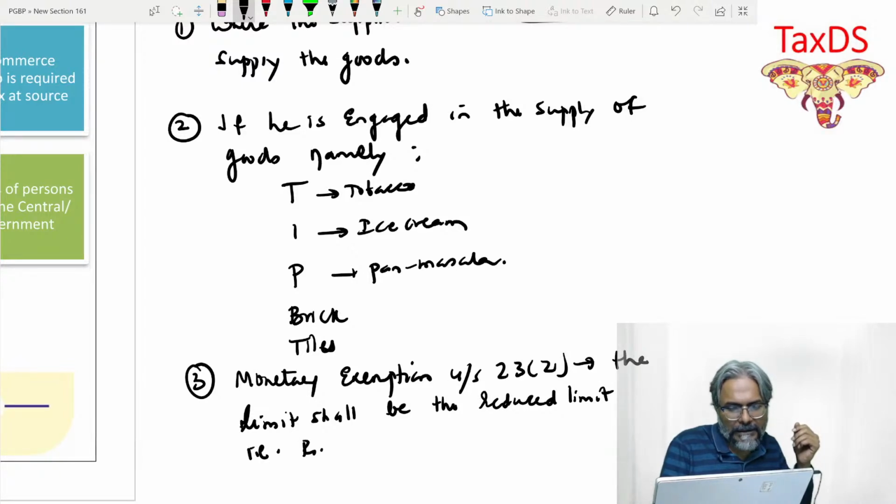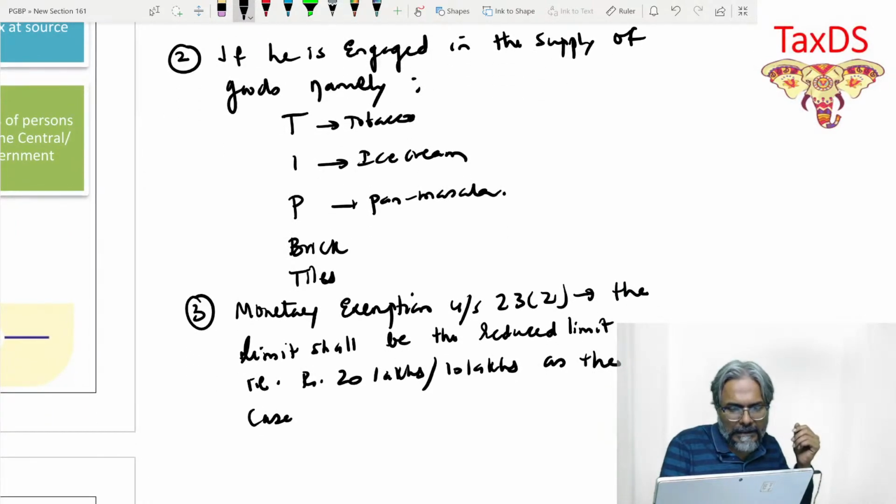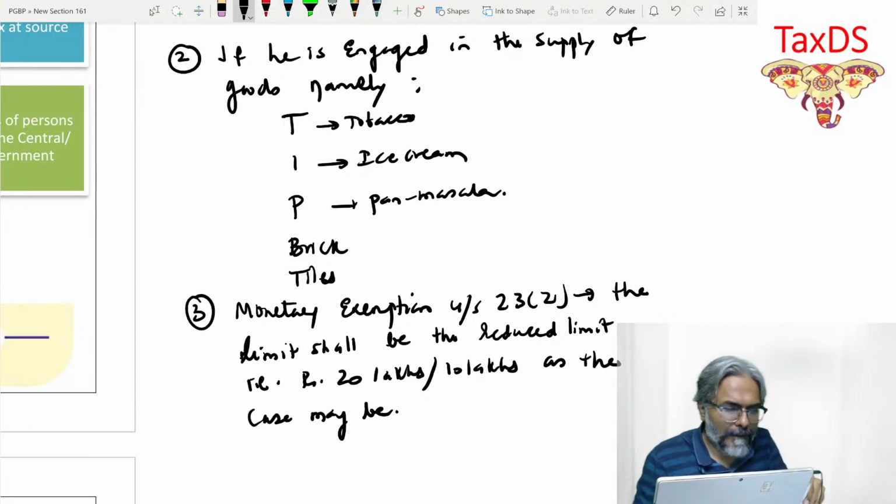That is rupees 20 lakhs or 10 lakhs, as the case may be. Is that point clear to all of you? Now, what is that monetary exemption under 23(2) that we are going to see now very soon? Don't worry about it. Have you all done with this, students, or not?